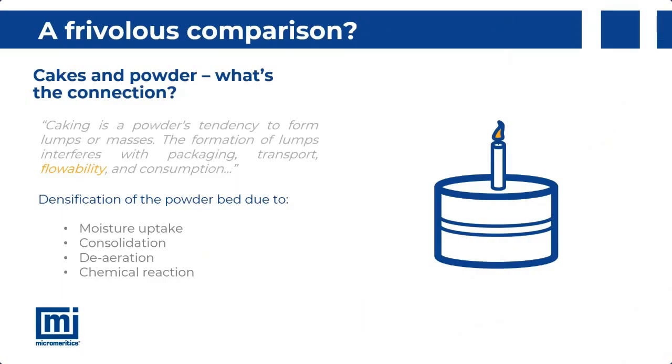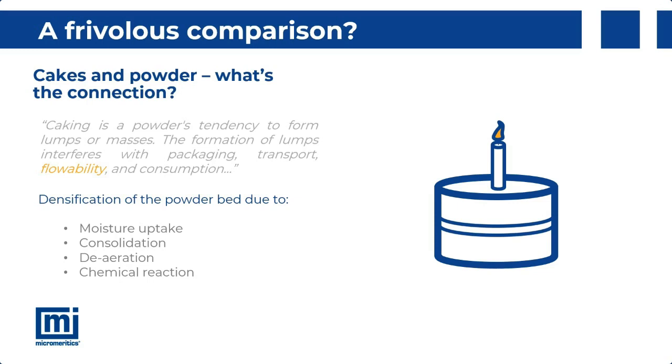Firstly, it's important that we define what exactly is meant by powder caking. Although it is an ever-present concern across many different powder handling environments and different industries, caking can have a variety of implications dependent on the particular usage for which a given powder is intended.